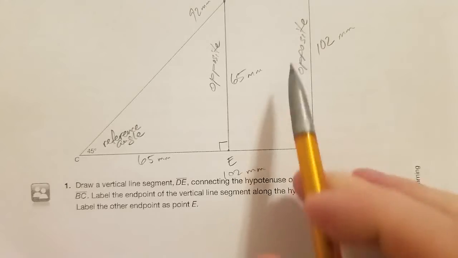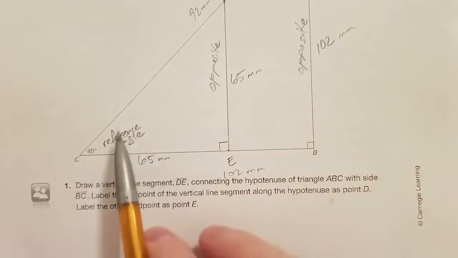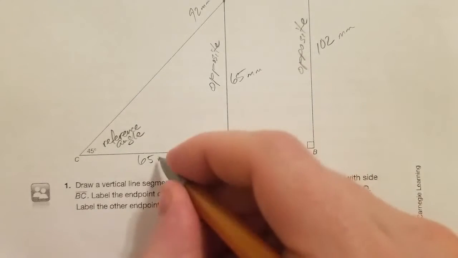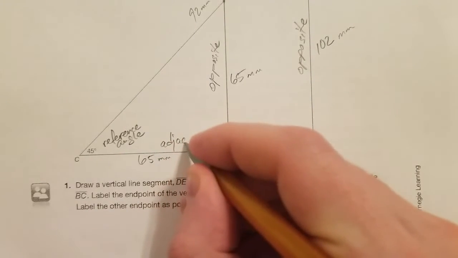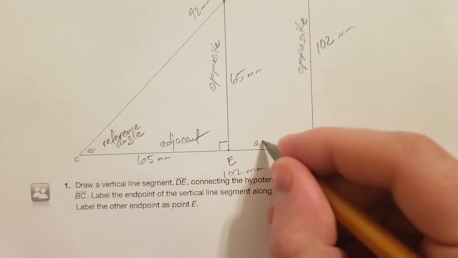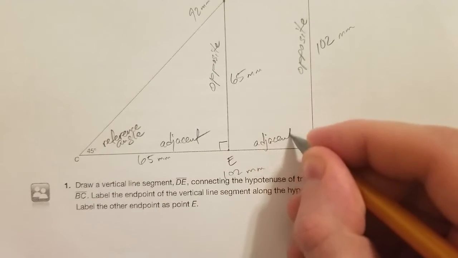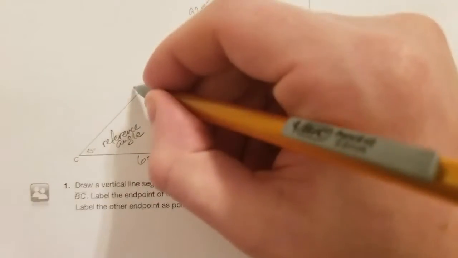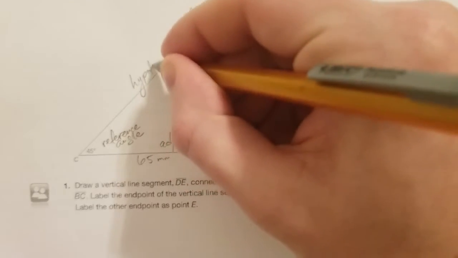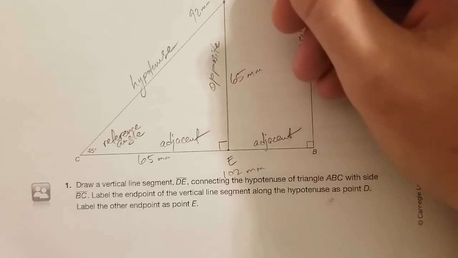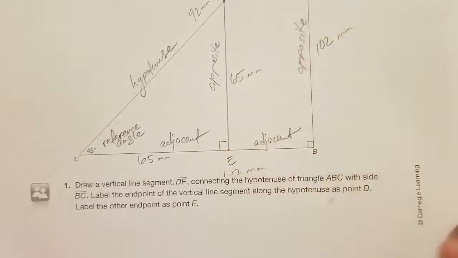Now, the adjacent side is the one that's connected to the reference angle, but it's not the hypotenuse. So this is an adjacent side, and this whole thing is an adjacent side for the big triangle. And then the hypotenuse is always the one that's opposite the right angle. So this is a hypotenuse, and then the whole thing is a hypotenuse of those two triangles.